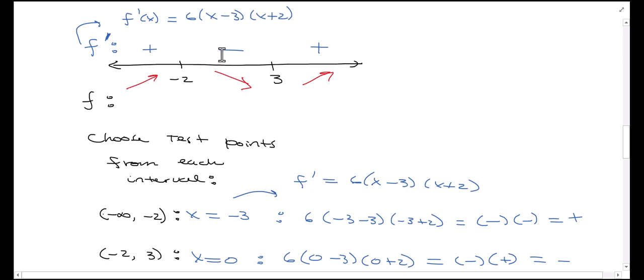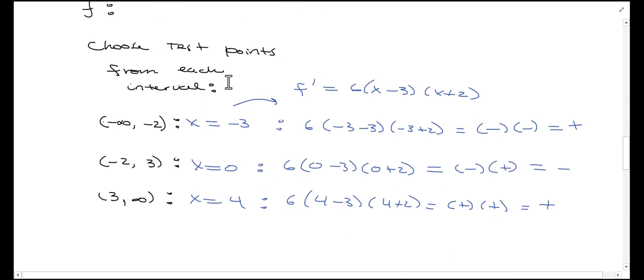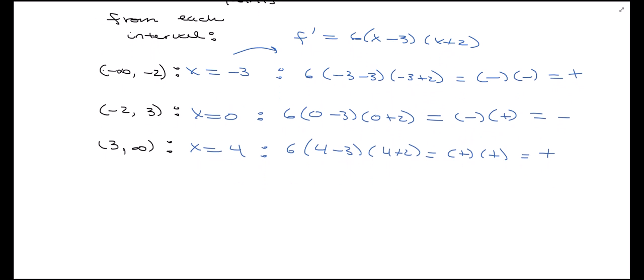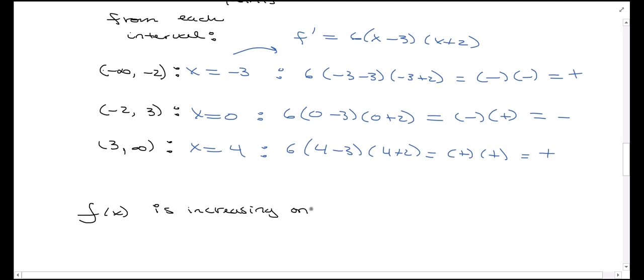So then I can say with those critical numbers, my function f of x is increasing on what intervals? Increasing, let's see where it was positive. So minus infinity to minus 2.